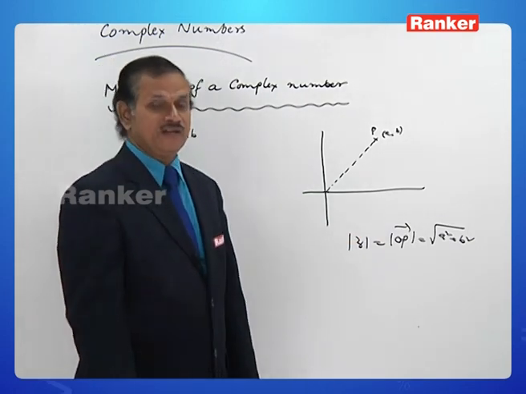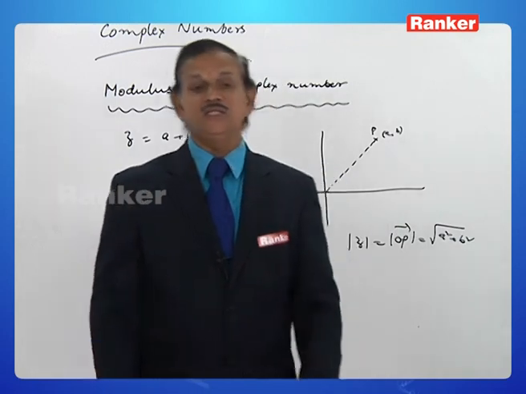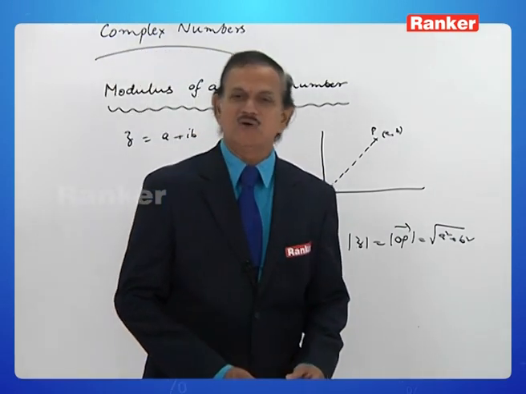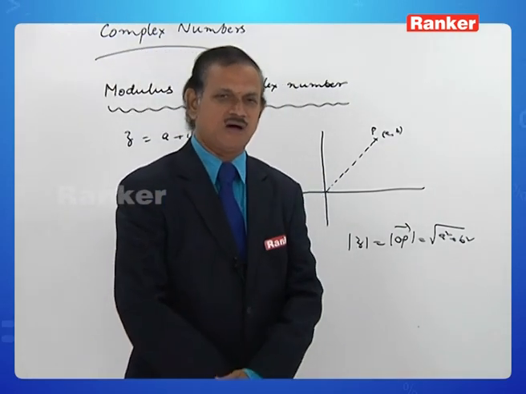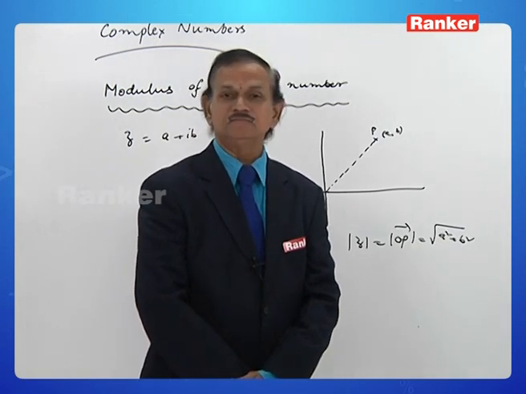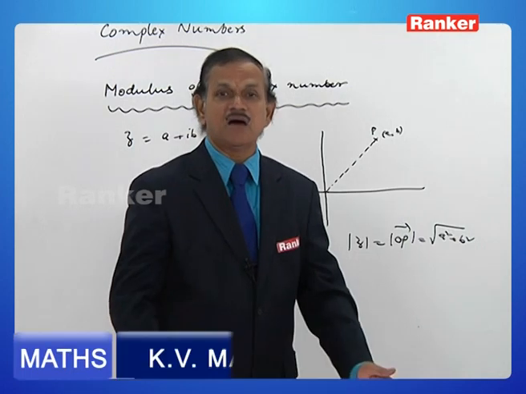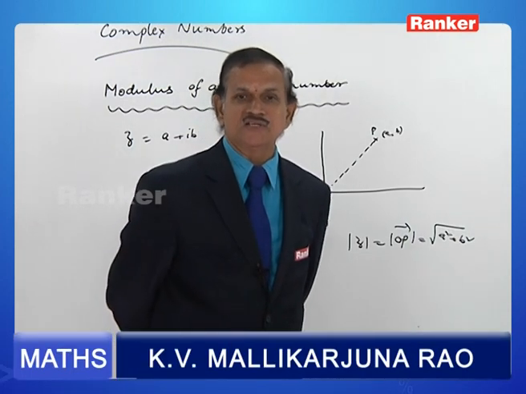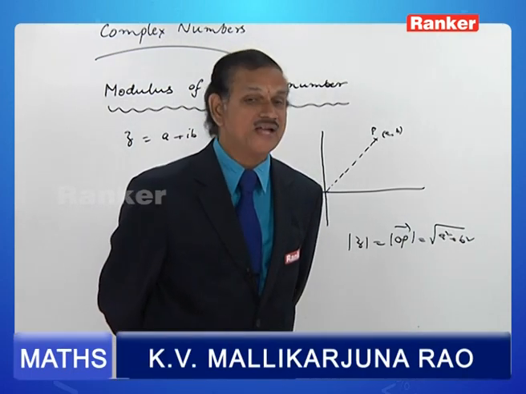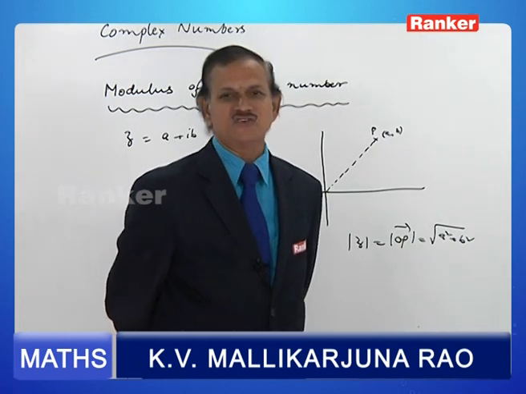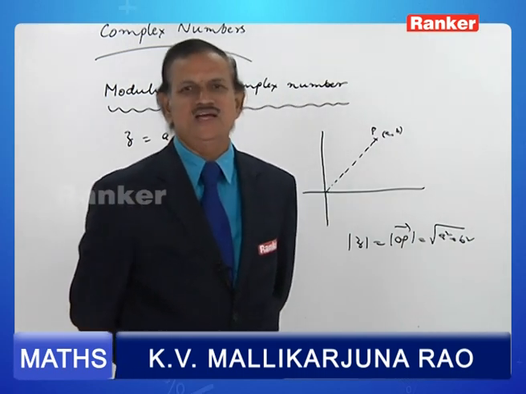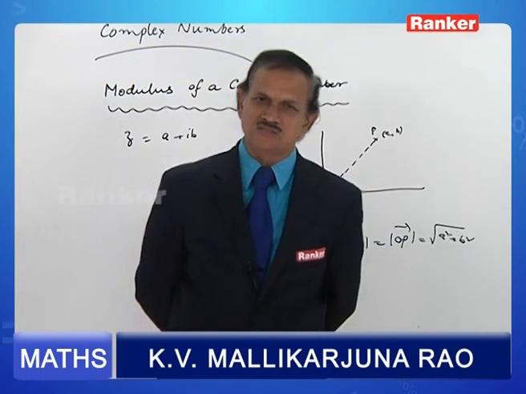You might have recollected one more thing also. In three-dimensional geometry, if you have a vector r bar equal to a i bar plus b j bar plus c k bar, what is mod r bar? Root of a square plus b square plus c square. Why should it be? That vector is synonymous with the point P(a, b, c) in space.